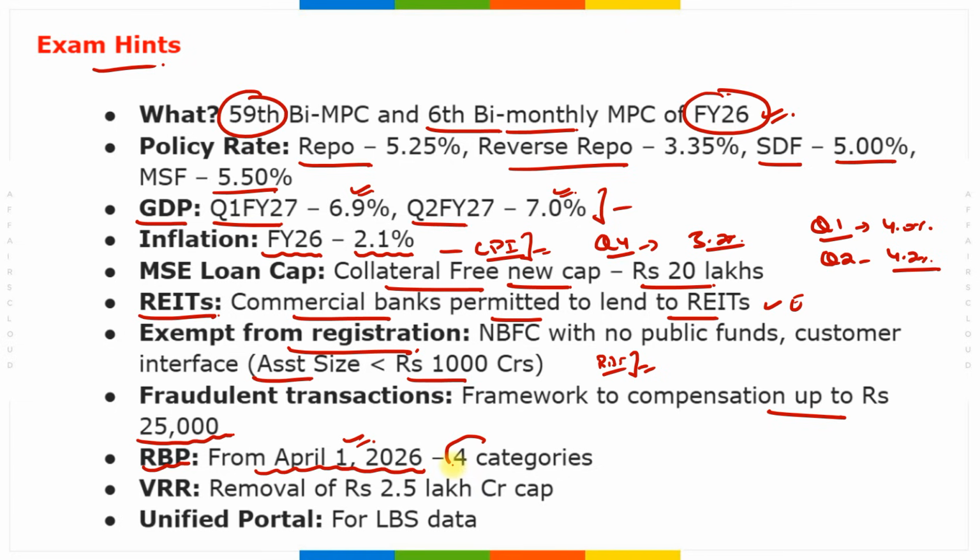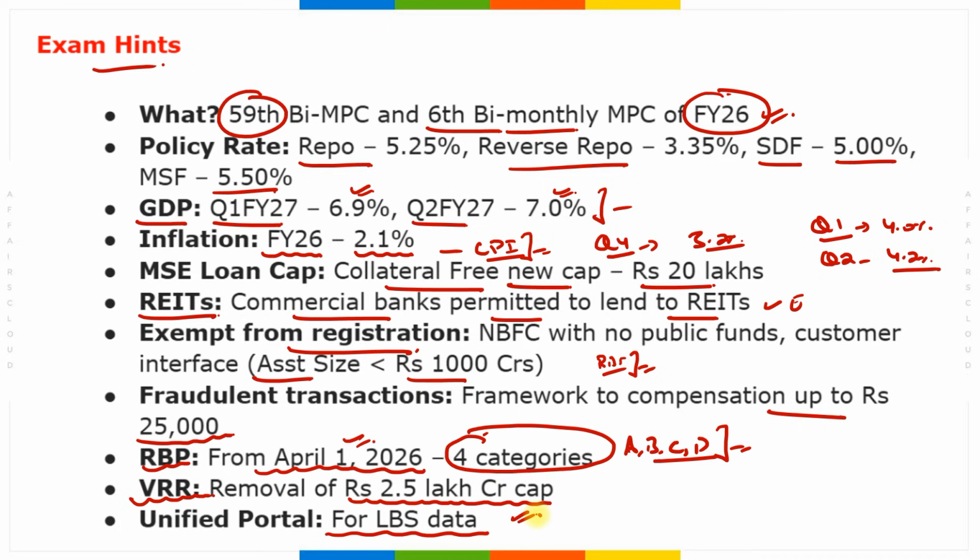Banks will be categorized in 4 risk categories like A, B, C and D, with category A representing the lowest risk. And also RBI removed the investment cap under the voluntary retention route for foreign portfolio investors, removal of the rupees 2.5 lakh crore cap, and a unified portal for the lead bank scheme data. So these are the important facts of the Monetary Policy Committee.